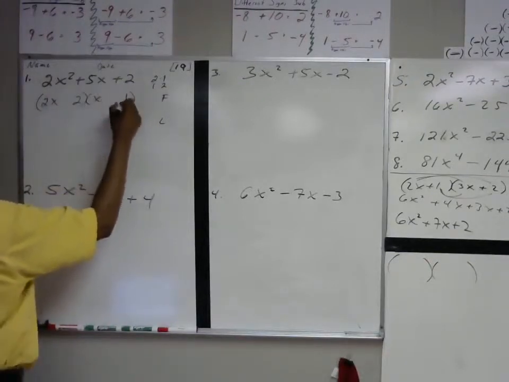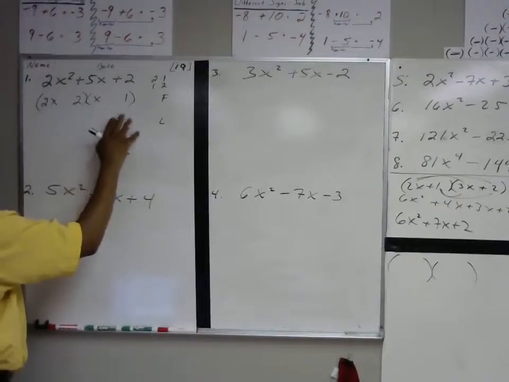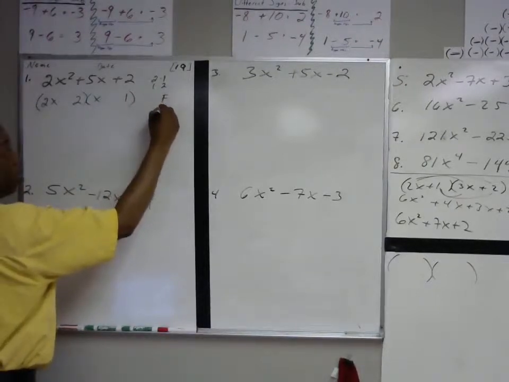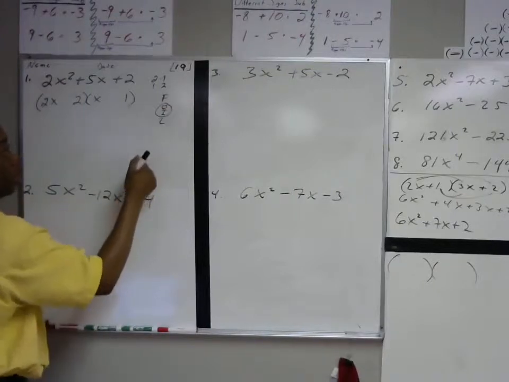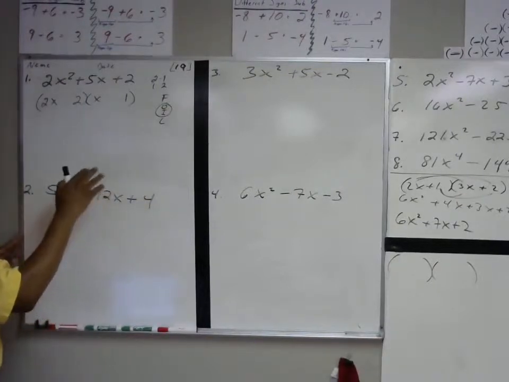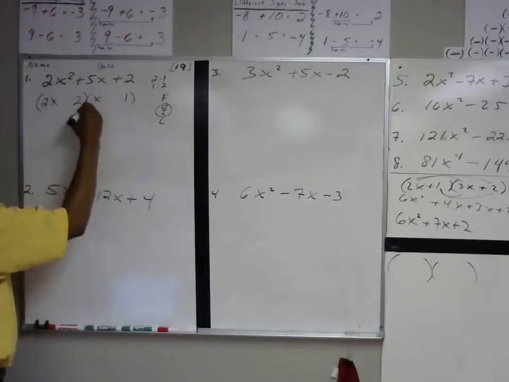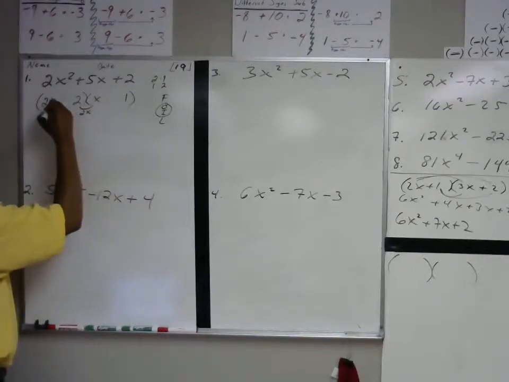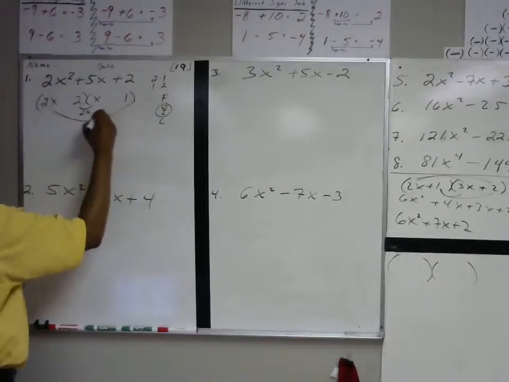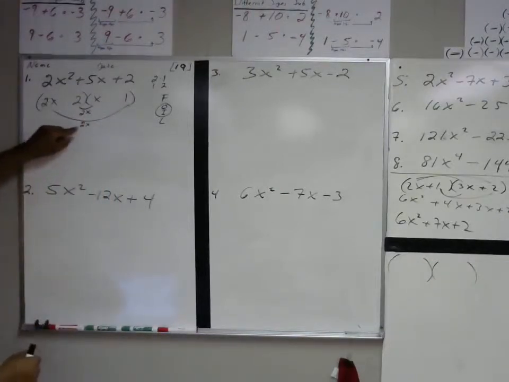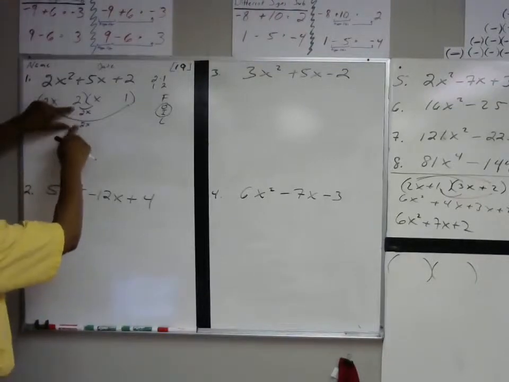Now, to see if that works as the right last number, I'm going to do a quick outside and inside. So inside, this makes 2x. Outside, this makes 2x. Now, what signs to put on these?